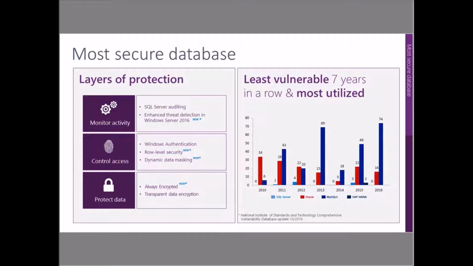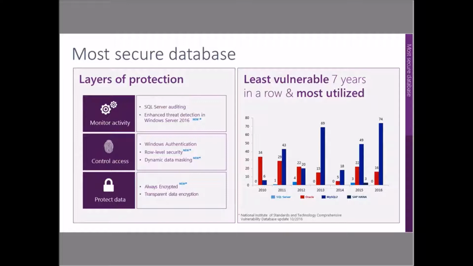Always Encrypted is a new one as well, which is a complement to transparent data encryption. If the data is stored at a server, typically or historically, the sysadmin could walk over to the server and query that data and see information like addresses, phone numbers, and credit card numbers. We would like to prevent that from happening. So by using Always Encrypted, the data is encrypted at rest in the actual database itself.